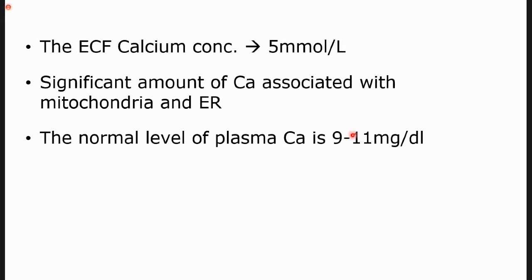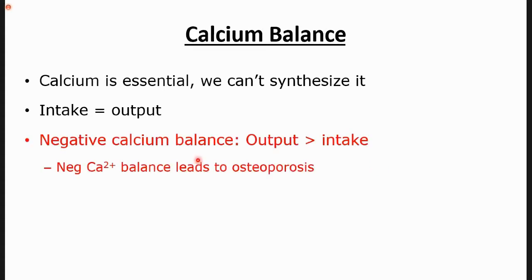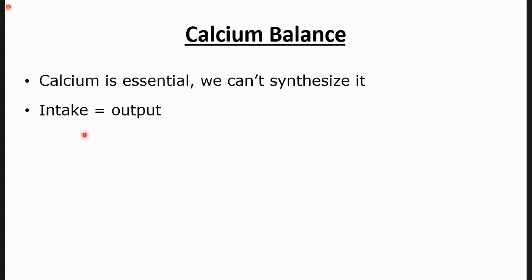The body cannot synthesize calcium, so nutritionally, calcium is essential in our diet. We need to take it in our diet. Intake should be equal to the output of calcium, and that is where we can get a balance of calcium.